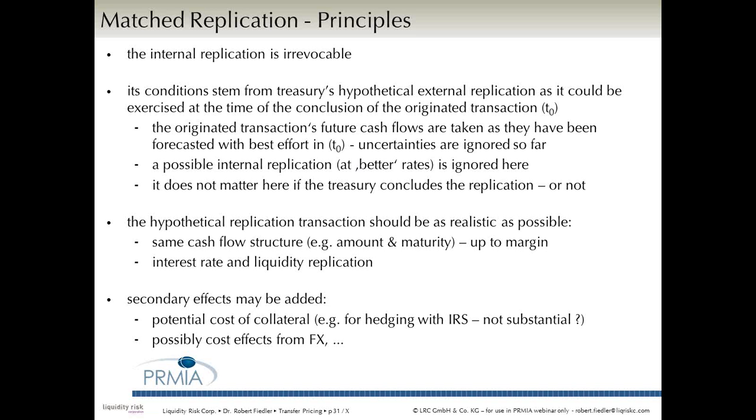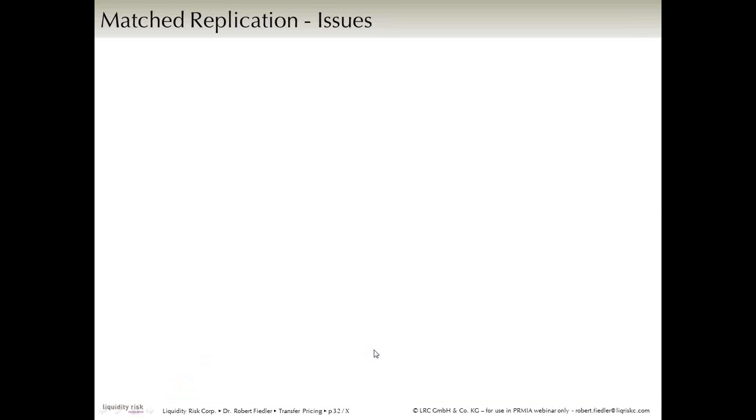So uncertainties are at that stage ignored. We do not think about a possible internal replication at better rates in different departments or whatever. And it does not matter if the Treasury concludes the replication or not. For the mechanism, for the Treasury, of course, it matters. The hypothetical replication should be as realistic as possible, okay, and then we might have secondary effects like cost of collateral, cost effect from FX, and so on.